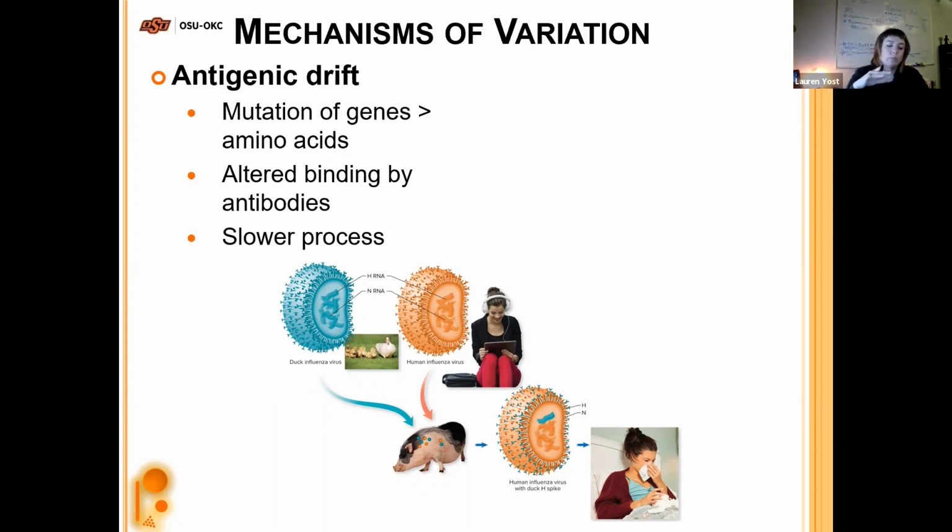So when we mutate our genes, we can have even just point mutations, which is a single base or something like that. And we have a change in our amino acids. It can change slightly the shape of the proteins or a lot.